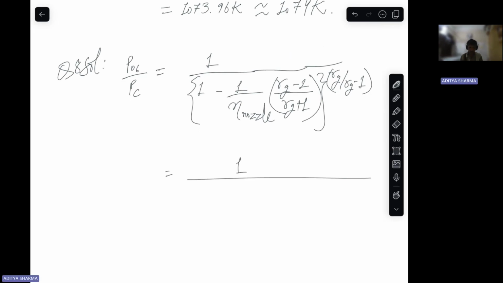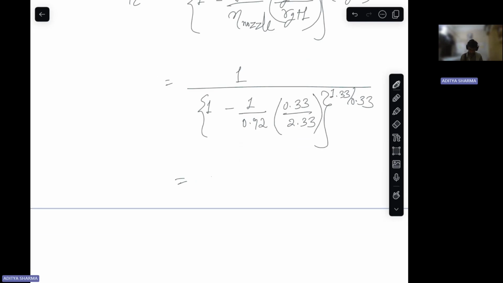Now just place the values. 1.33 divided by 0.33.